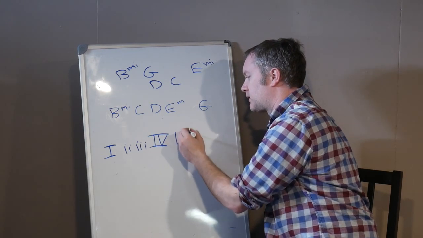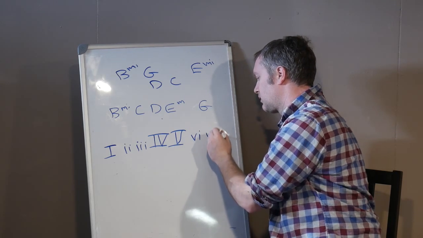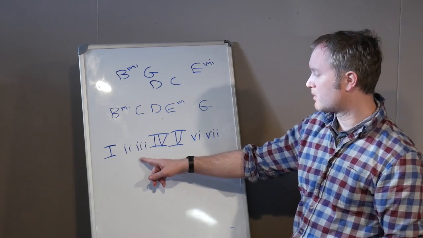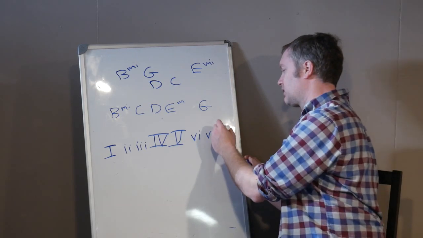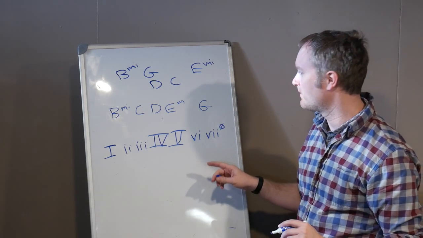Our memorized 1, 2, 3, 4, 5, 6, 7. 1 chord is major, 2 chord is minor, 3 chord is minor, 4 chord is major, 5 chord is major, 6 chord is minor, 7 chord is F diminished. You'll never see this used. It's hardly ever used.